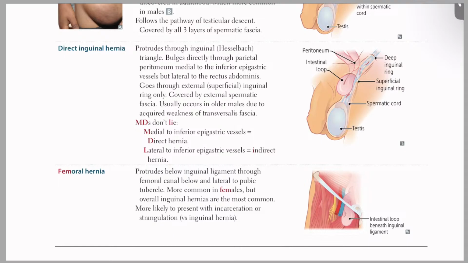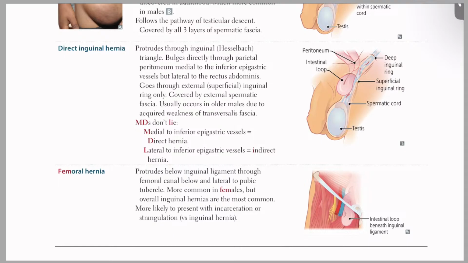Goes through the external superficial inguinal ring only, covered by external spermatic fascia, usually occurs in older males due to acquired weakness of transversalis fascia. Medial to inferior epigastric vessels is direct hernia. Lateral to inferior epigastric vessels is indirect hernia.